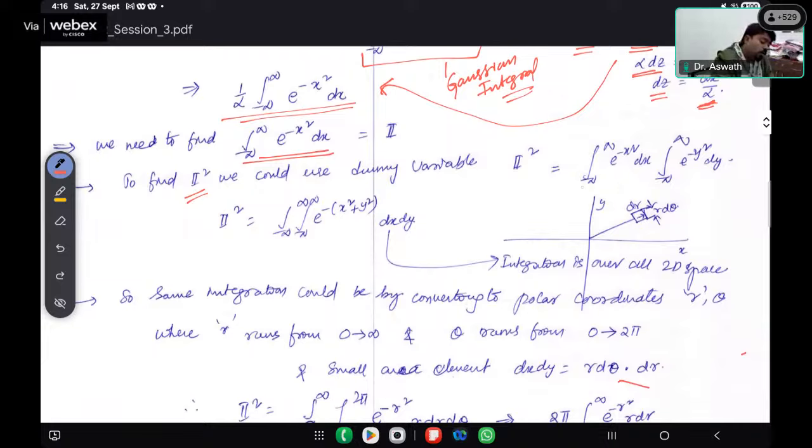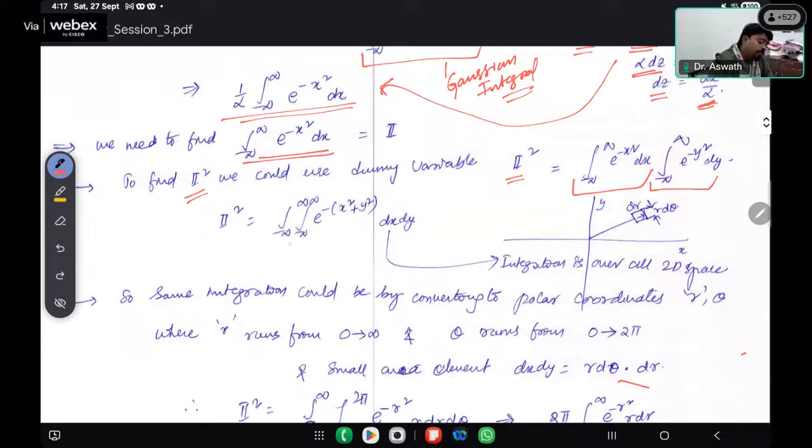So I take the integral from minus infinity to infinity of exponential of minus x square as one integrand, and exponential of minus y square as another integrand. Now it's a double integral, and on the left hand side I have the square. This is a trick people play in mathematics.